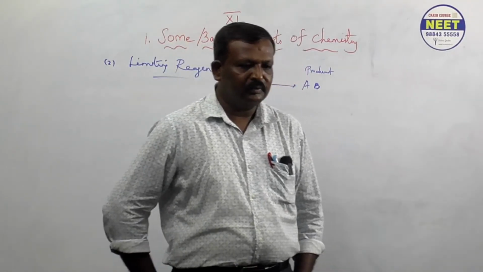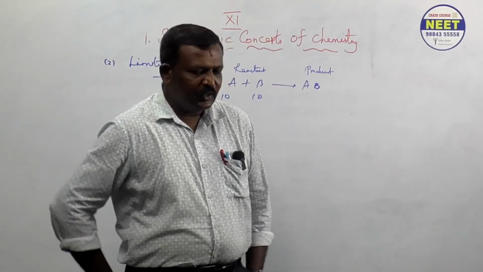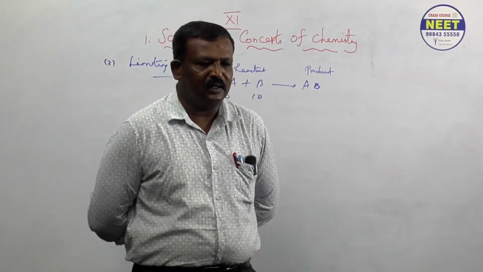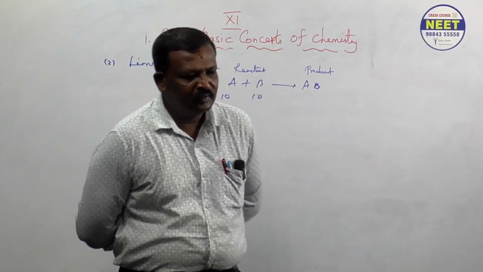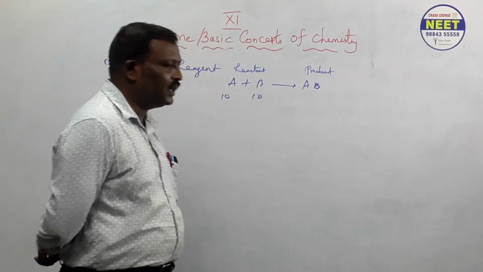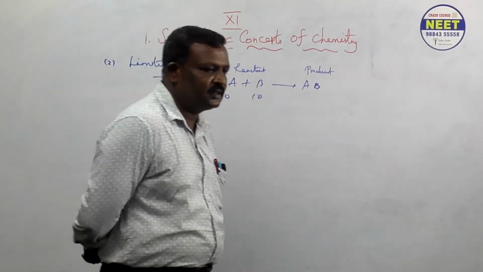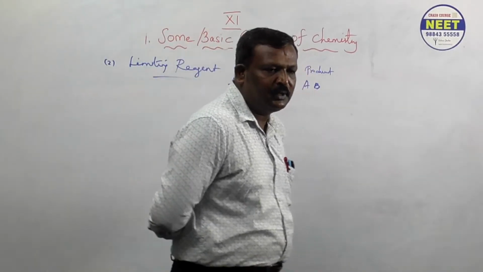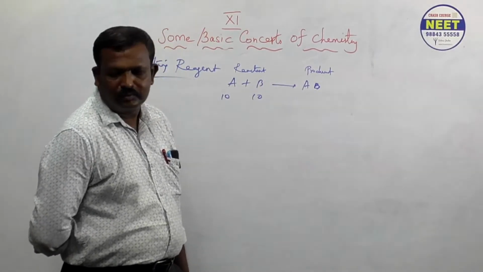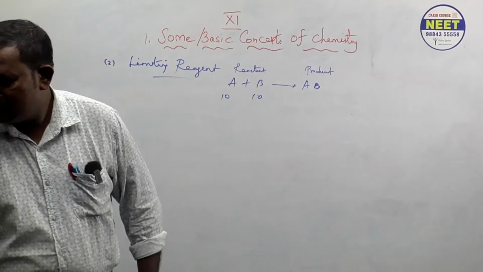Understood? Therefore, the other reactant is called the excess reagent. One is limiting means the other is always the excess reagent.